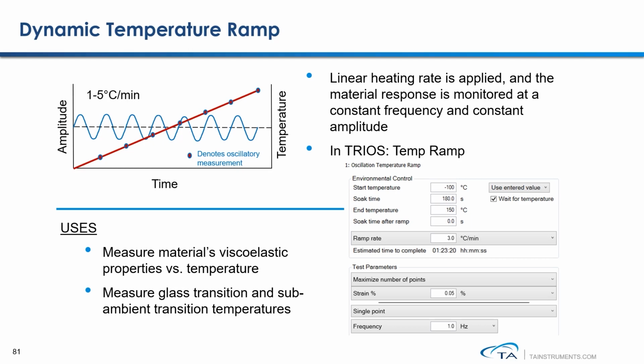The use of this type of measurement is to measure your material's linear viscoelastic property as a function of temperature. This test method also allows you to measure your sample's glass transition and also subambient transitions. The screenshots in here show an example of how to set up a dynamic temperature ramp experiment in TRIOS software.